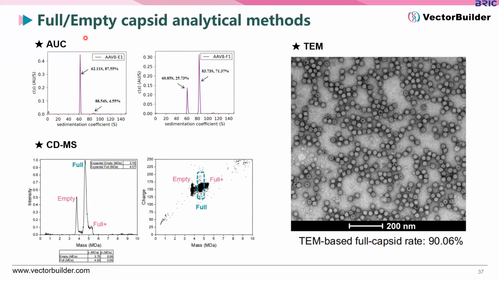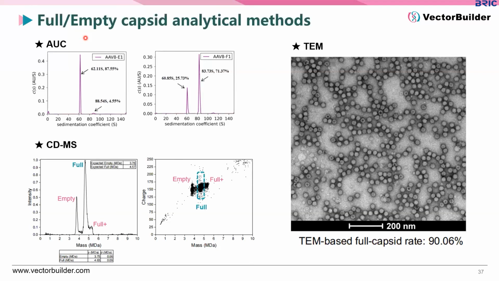We are very familiar with the analysis of the empty peak and the full peak for the capsid. We can also do TEM, the electron microscopy. We can also do charge detection mass spectroscopy. We are spending a lot of time developing these methods and validating them.